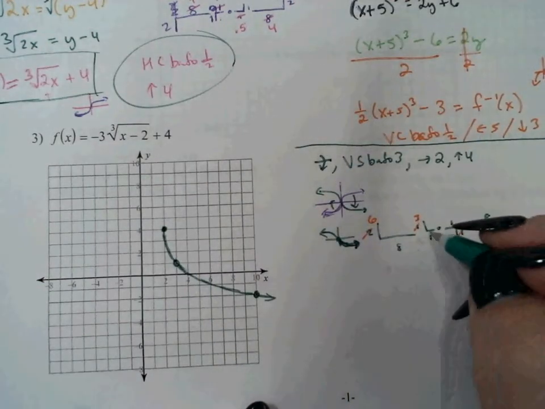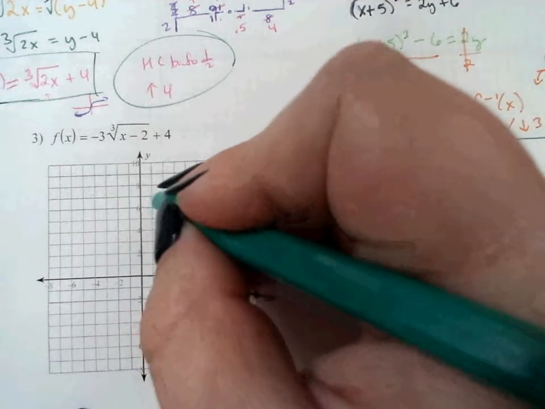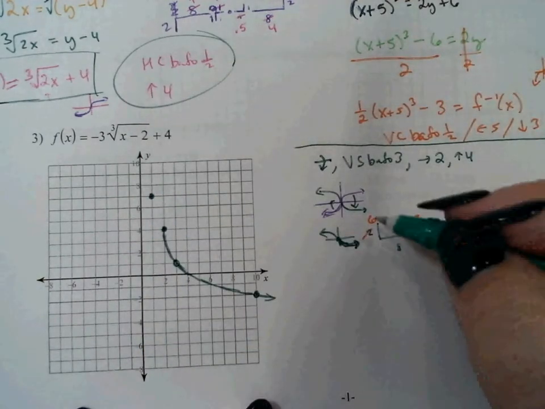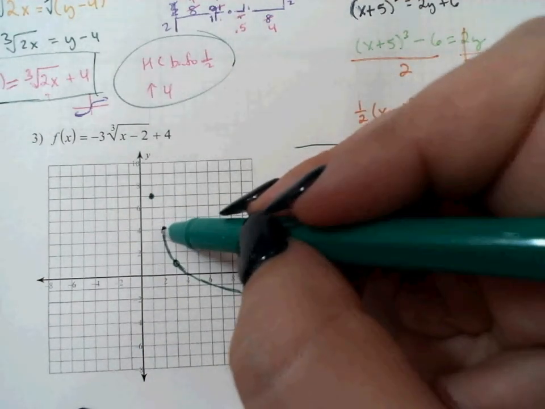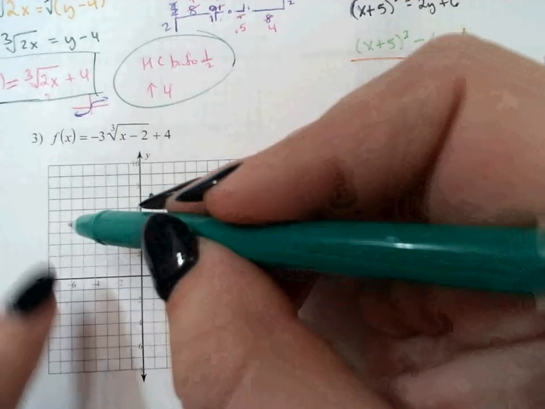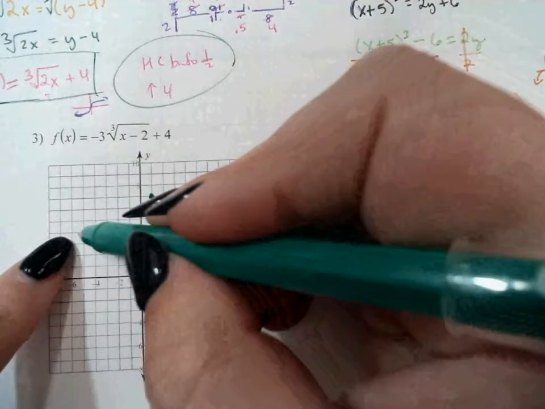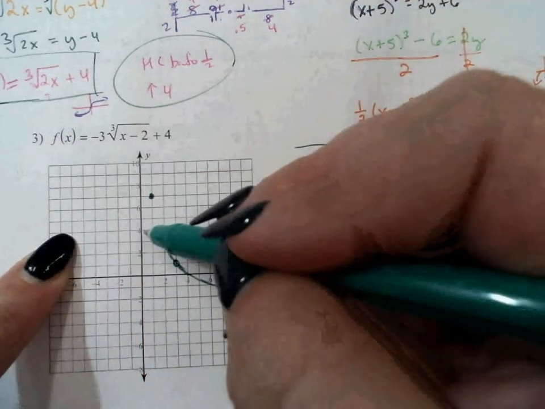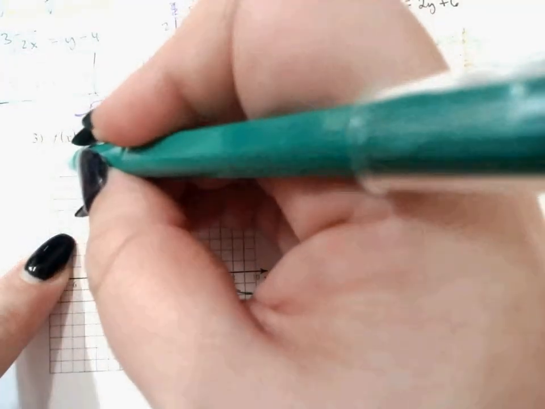Then I'm going to go left 1 and up 3. And then I'm going to go left 8 and up 6. So I'm at 2, so to the left 8 is negative 6. And then up 6 from 4, that's at 10.